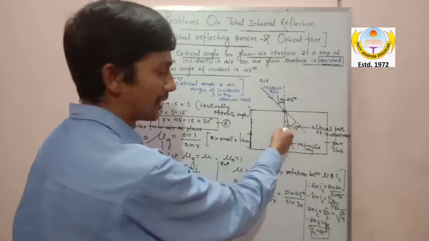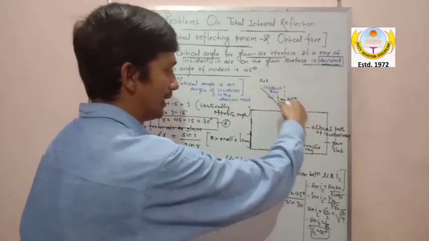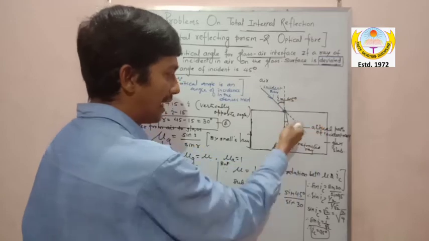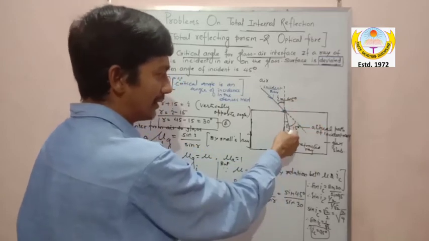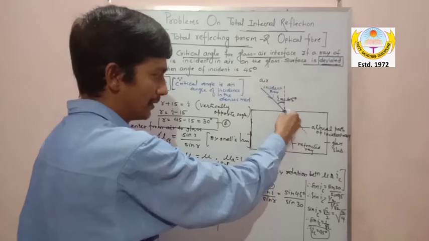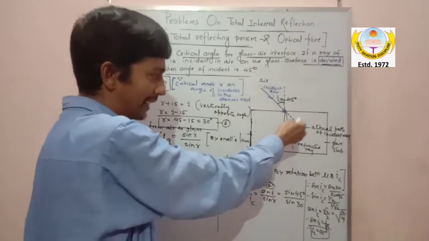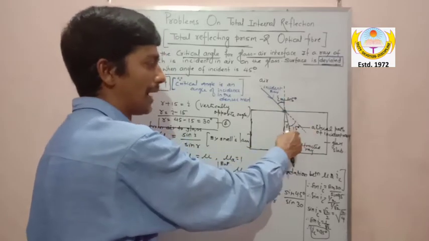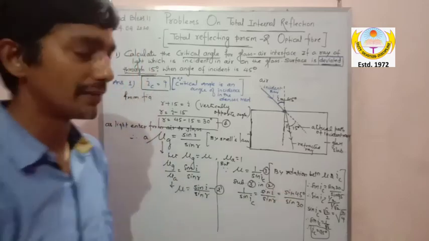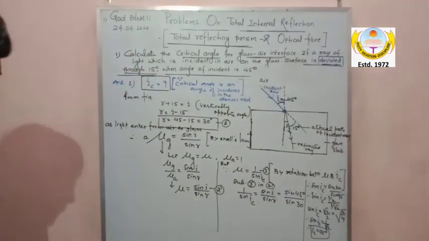It is not measured with the normal, it is measured with the actual path of the incident ray and the refracted ray, that is called deviated. This incident ray is deviated from its actual path by 15 degree. That is an important statement, and then we can do it like this.